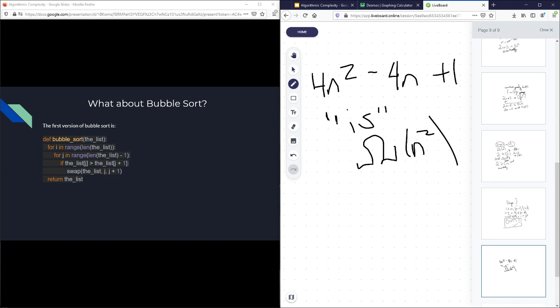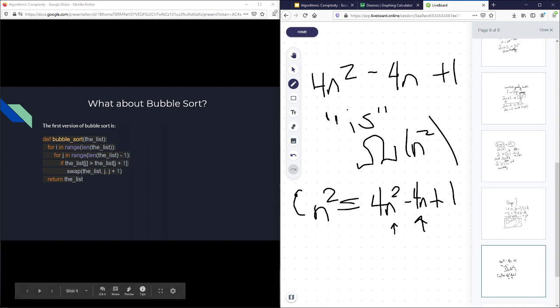Well, let's talk about it this way. Is some constant times n squared, which we can probably just define to be 1 in this case, less than or equal to 4n squared minus 4n plus 1? The secret is that eventually one of these n squareds is going to be bigger than this n, or bigger than 4n's.